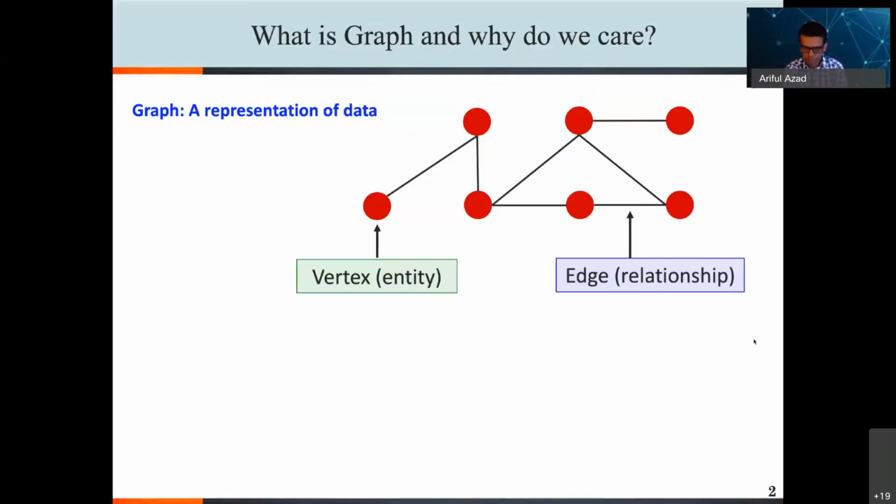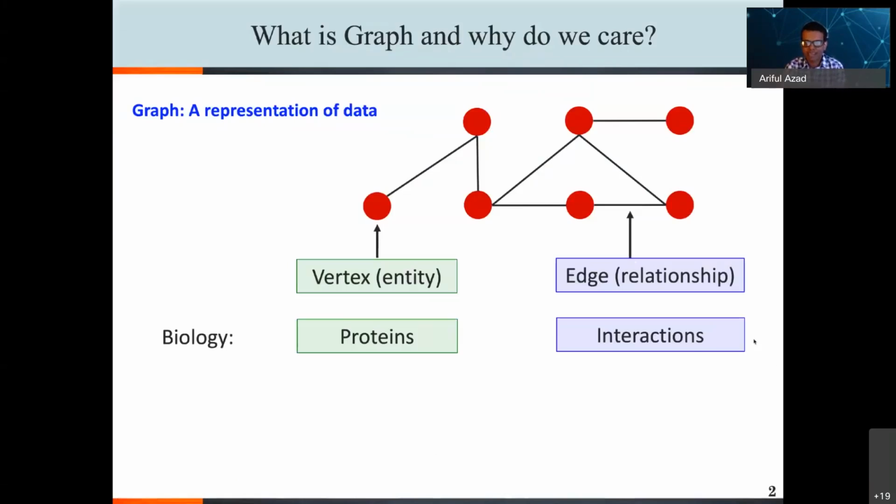And in different scientific domains, they can mean different things. For example, if we talk about biology, like how proteins interact in our body, then that can be represented as a graph where entities are proteins represented by vertices, and their relationships are represented by the connections or edges.